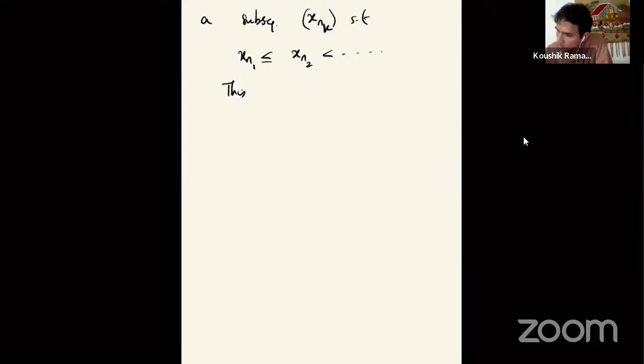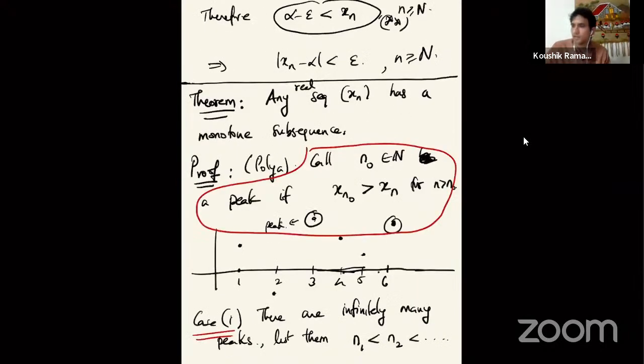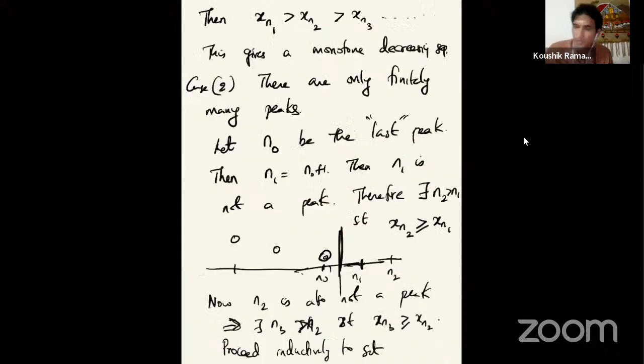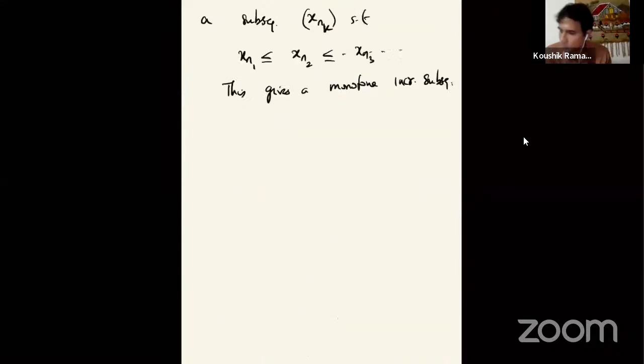This gives a monotone increasing subsequence. So there are only two cases, which are mutually exclusive: either there are infinitely many peaks or only finitely many peaks. Either way, you have found a monotone subsequence.